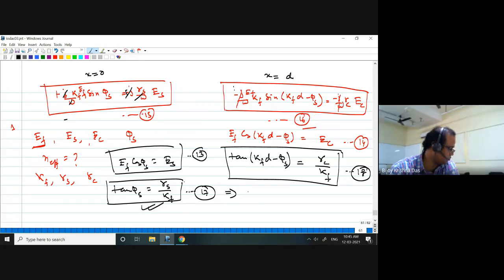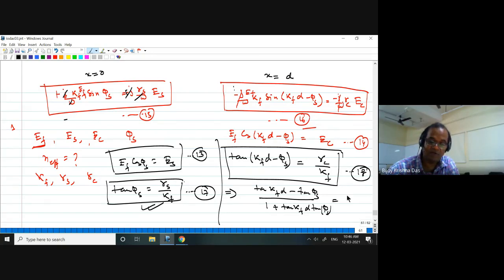Just if I write this one, what is that actually? I'm just putting down this equation: tan kappa FD minus tan phi S divided by 1 plus tan kappa FD tan phi S. Is that correct? That is actually equal to gamma C by kappa F. Okay, so now this tan phi S, I know what the value of tan phi S is.